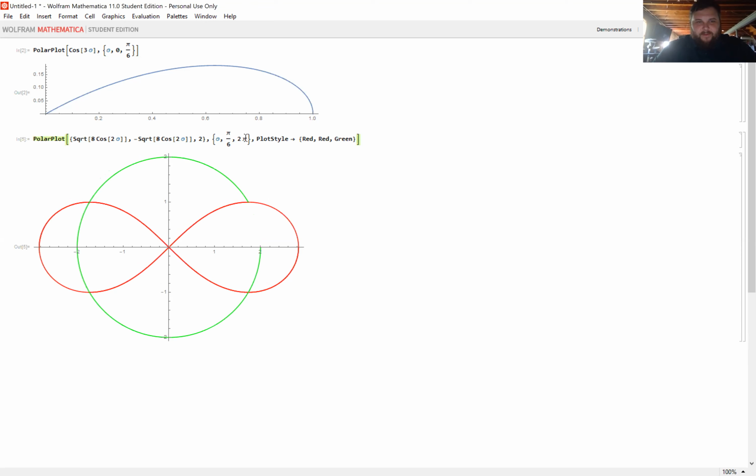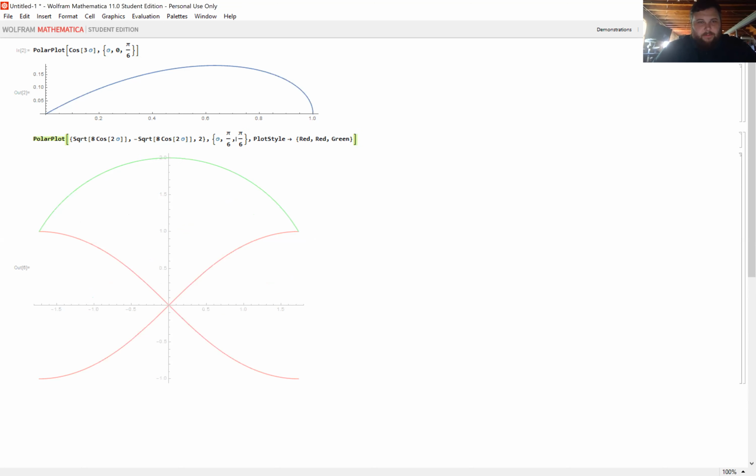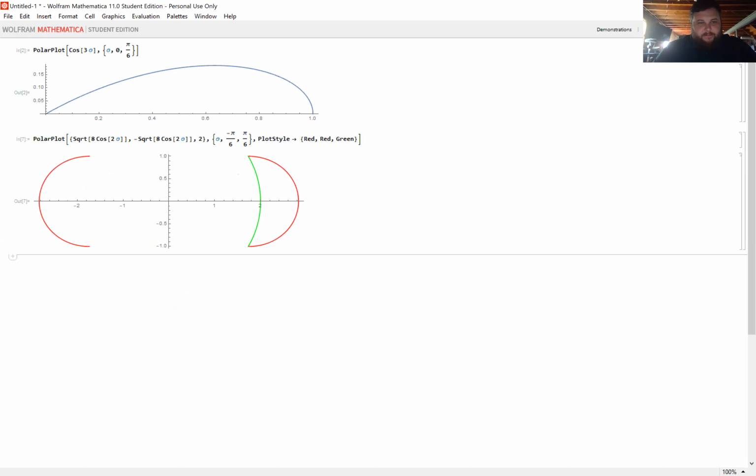And then the next time we said they crossed was 5 pi over 6. All right, so it looks like this point and this point agree with those two angles, but those aren't the 2 points that I want. What about maybe negative pi over 6?